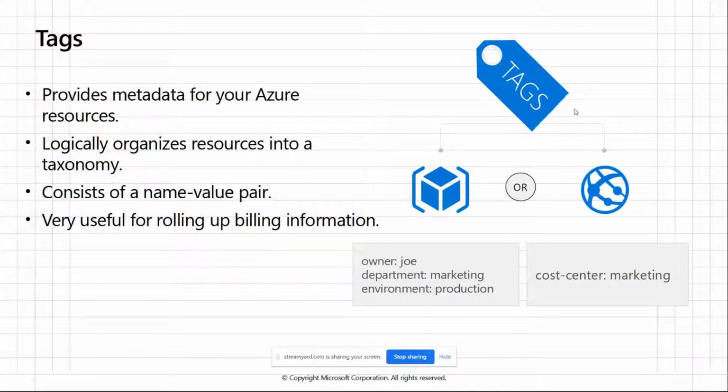What will happen when you give a tag is that it will be in a name-value pair, like it's mentioned here, cost center: marketing.